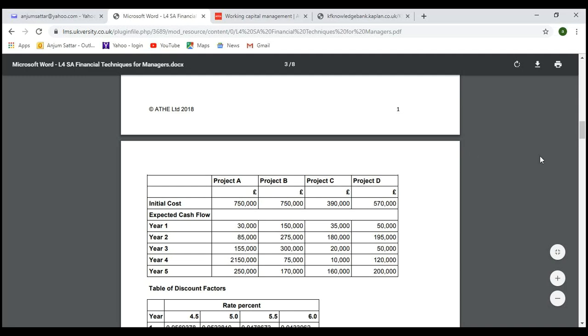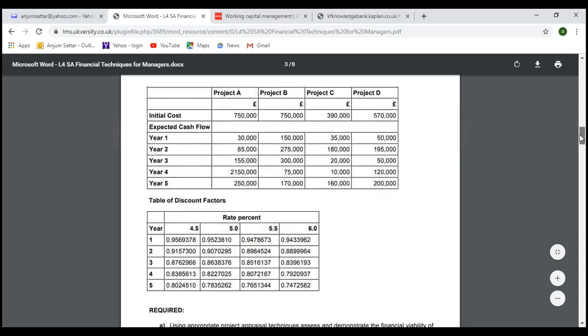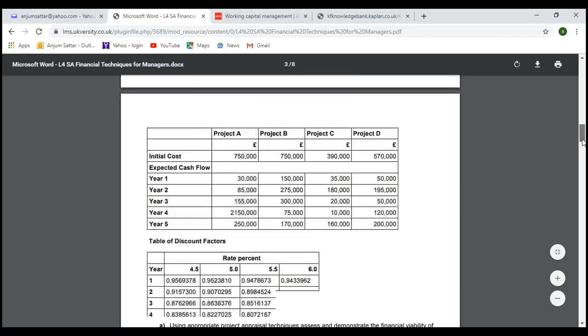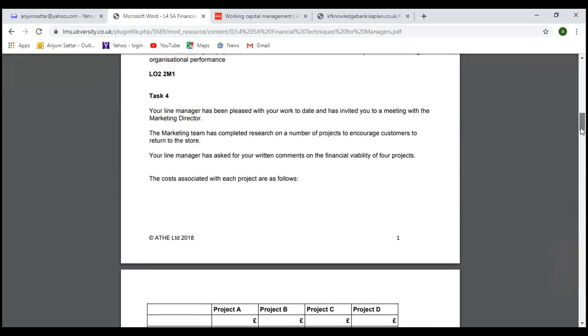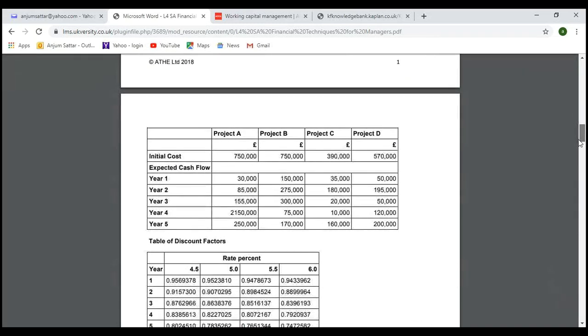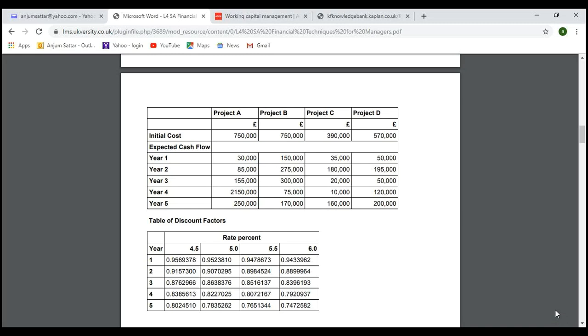Then the next column is the factor. We've been given the discount factors for 4, 5 and 6, all the discount factors are given, so try to use one discount factor at least for a check, and then we'll go through. Then discount factor times the cash flow gives you the PV.